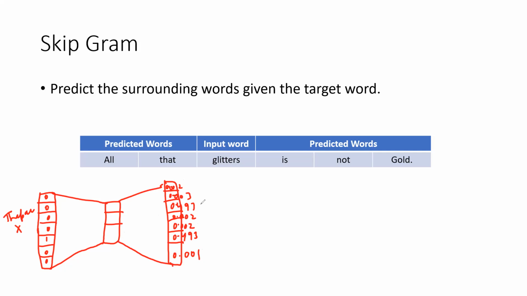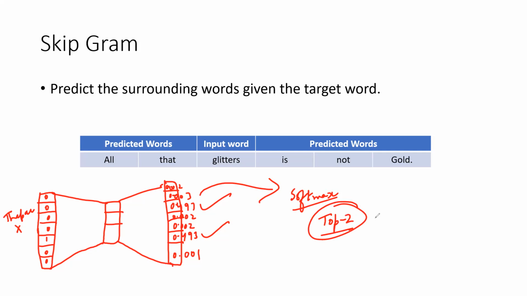So obviously we have two values here which are having high numbers, others are very low numbers. So we know that we have two outputs here, but how to segregate this? We will be actually using the softmax only to get the output, but having the top two values instead of top one. So top two values will be taken as the output.